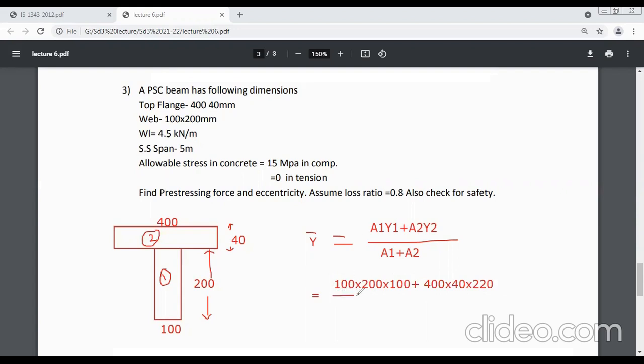Divided by A1 plus A2, 100 into 200 plus 400 into 40. Tell me how much? This Y bar is from the bottom side.